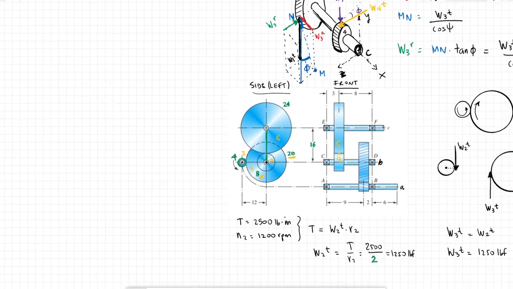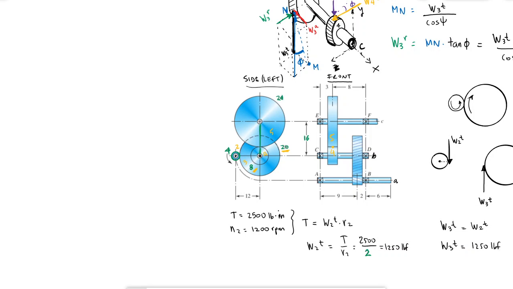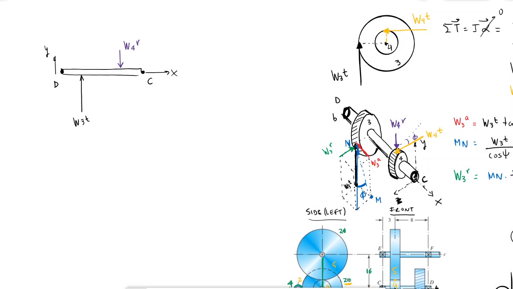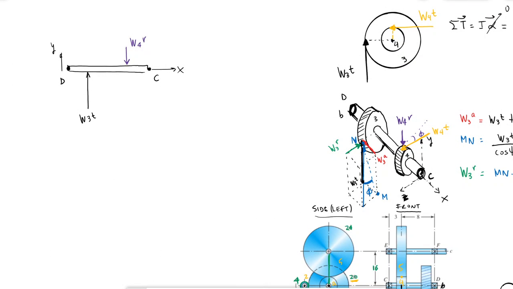So the distance from C to gear 4 is 3, and the distance from gear 3 to D is 2. Okay, so basically what I have here, if this is in the shot, is a 2, a 3, and then the difference between those, if they add up to 11, this would be a 6.